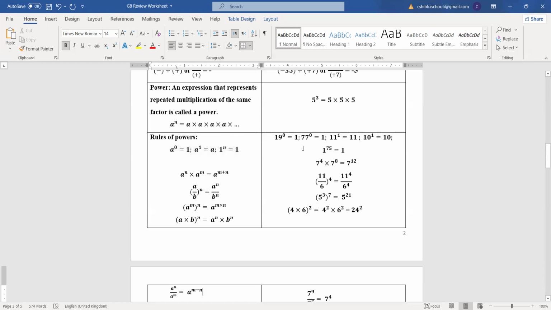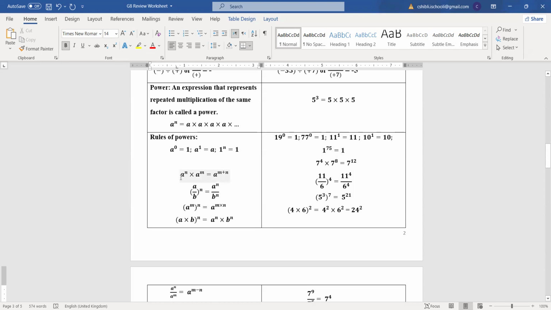Let me give you examples. 19 to the power 0: any number to the power 0, your answer is always 1. 11 to the power 1 is 11. Why? As if I'm multiplying 11 by itself one time, so it's 11. 10 to the power 1 is also 10, it gives me the number itself. 1 to the power 75, as if I'm multiplying 1 by itself 75 times, also gives me 1.